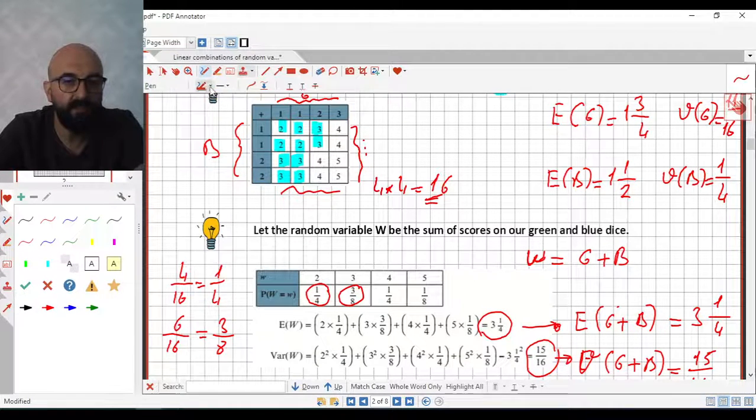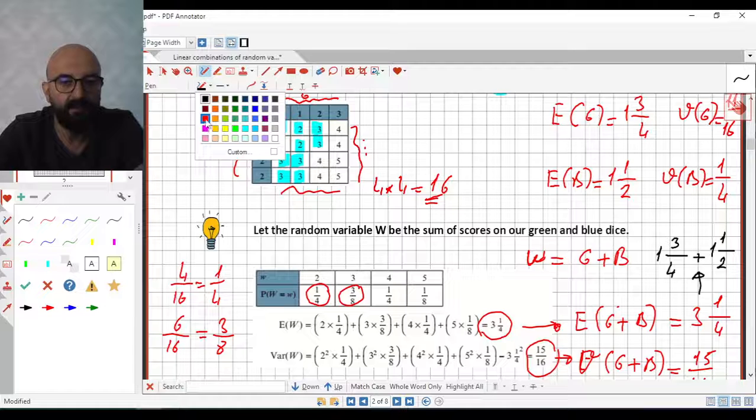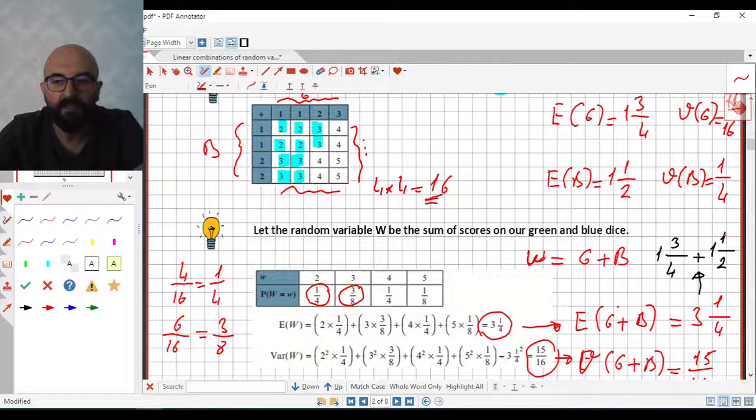If you notice, this is 1 3/4 plus 1/2. We can write 2/4, and it means 5/4 plus 2, which is 3 1/4. This is the same value.